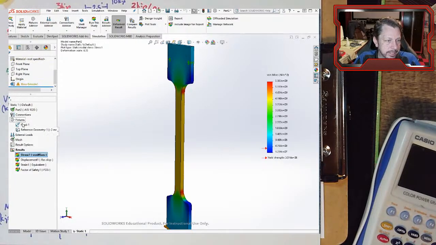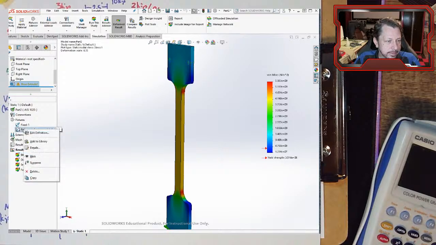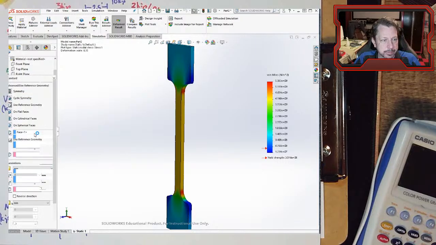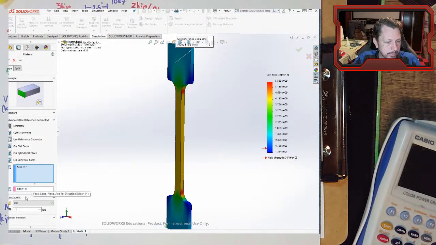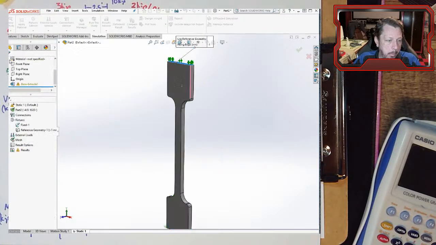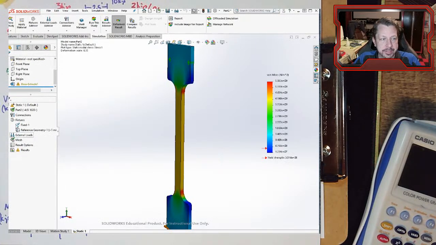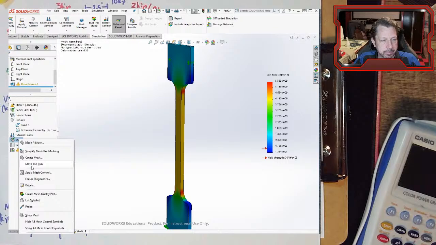So we would have to go in and modify this displacement. So we did 2 millimeters. Let's do 1 millimeter. Now it has to rerun. Notice the little yield signs here saying that those results don't apply anymore. So you have to mesh and run again.